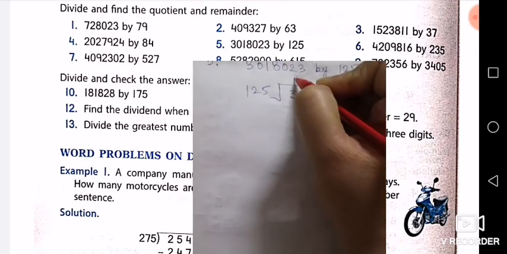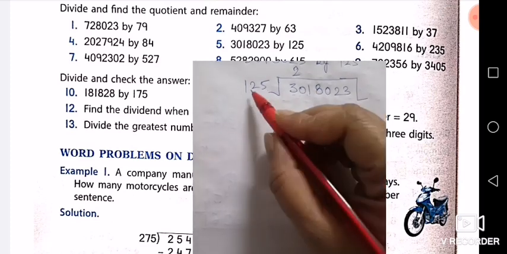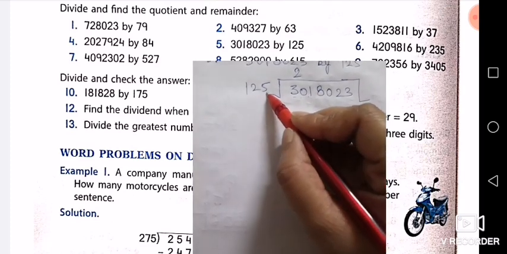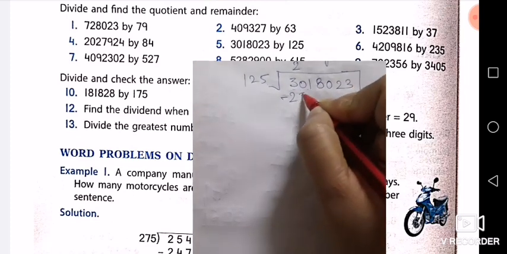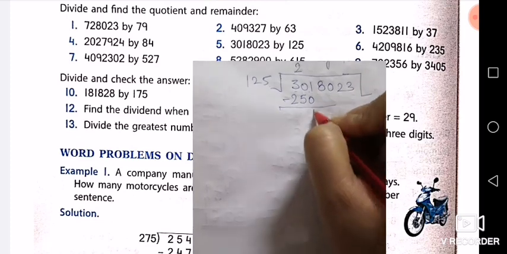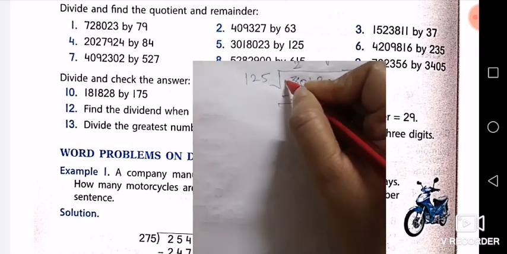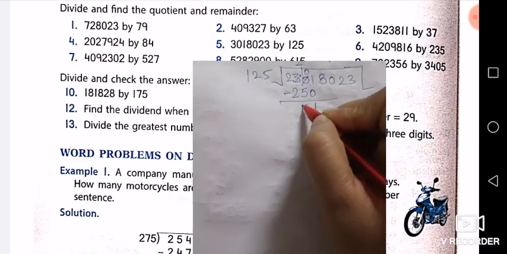We'll do it 2 times. And then we'll take the first 3 places because we have a 3 digit divisor. 2 times will become 250. So now 1 will get here. This will become 2, this will become 10. Now 10 minus 5, 5 you will get.